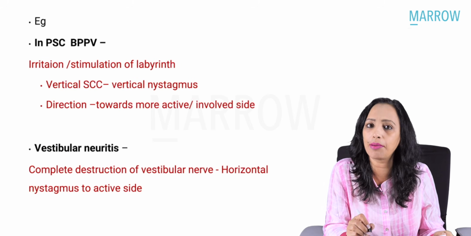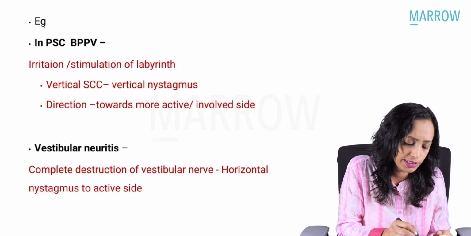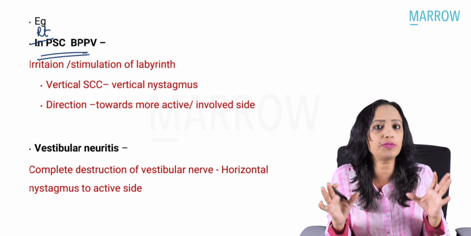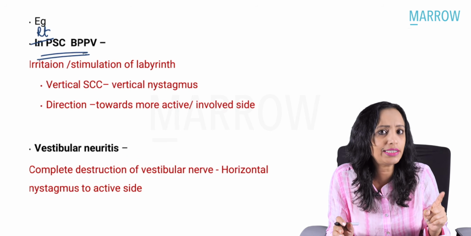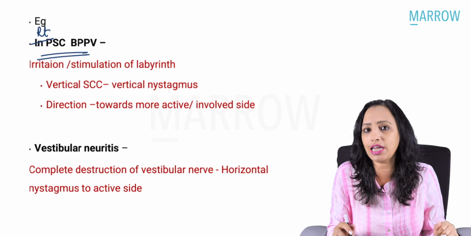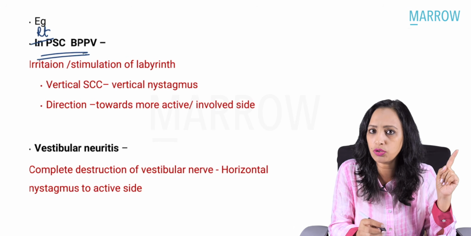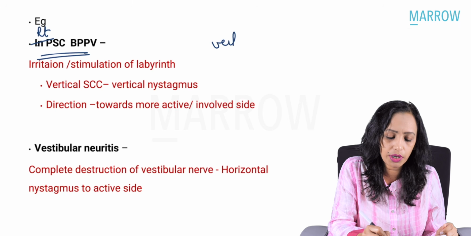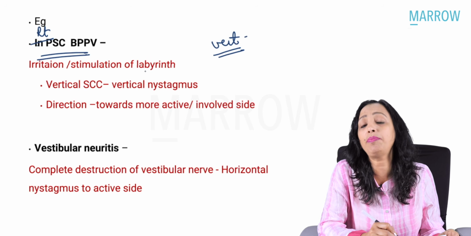Now let us see this example. If I tell you that there is a patient of right posterior canal BPPV, tell me the type of nystagmus that this patient will have. Yes, first, posterior canal, so it will be a vertical nystagmus. And it is a BPPV.